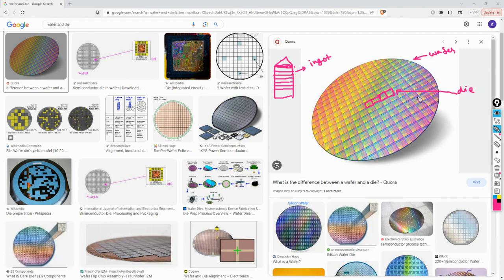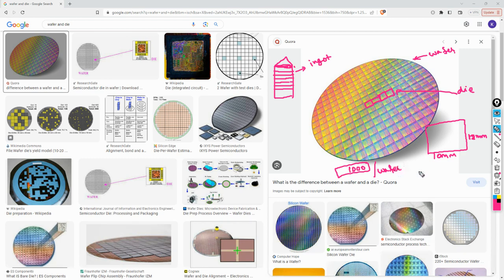Now this wafer comes in different sizes. If you are going for volume production, you would probably use a bigger wafer. Assuming currently your chip is, say, 10 mm by 12 mm in size, you would be able to manufacture, say, 1,000 chips per wafer.